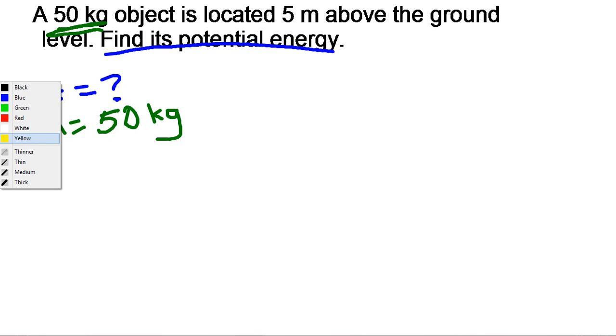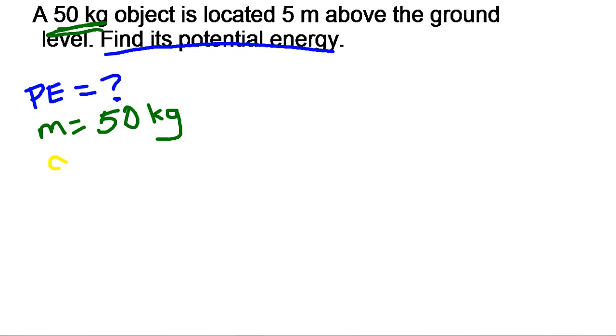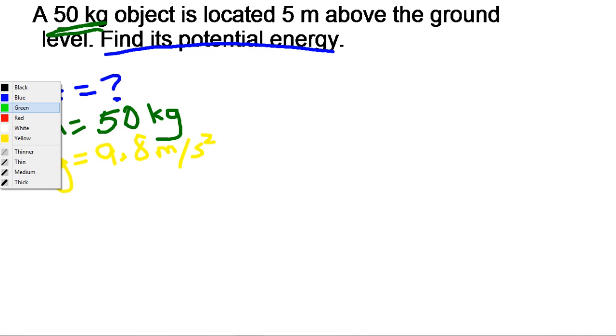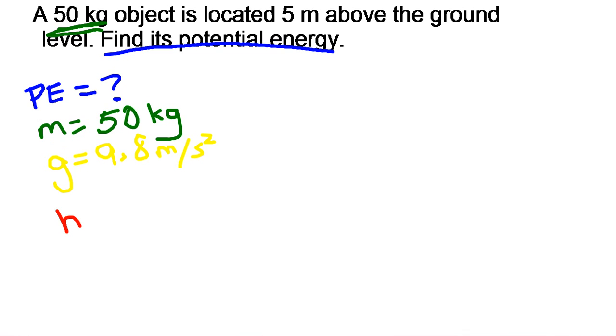My other unit here is going to be g, which is always the same at 9.8 meters per second squared. And my last unit, which I should be able to find in my equation, is h, and that is height, and height has a unit of m for meters, so I'm going to look for that m, and I'm going to see that I have 5 meters.